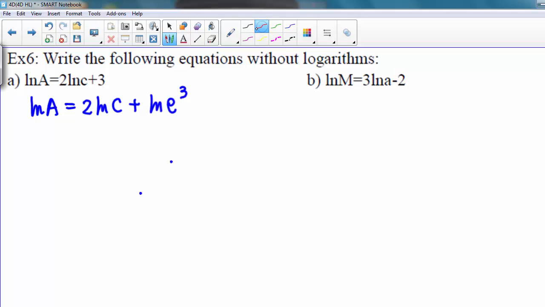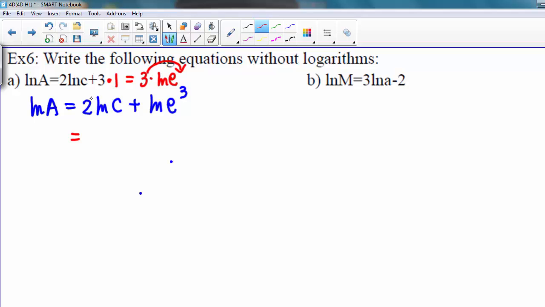I'm not so sure if you guys still need a detailed explanation on how I converted 3 to ln e to the power of 3, because I will take the 3 as 3 times 1. And for this number 1, I change it to ln e. Then I bring the 3 back to the exponent for argument e.